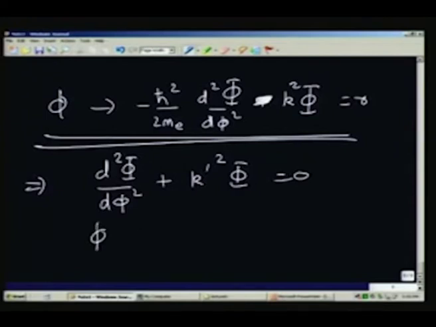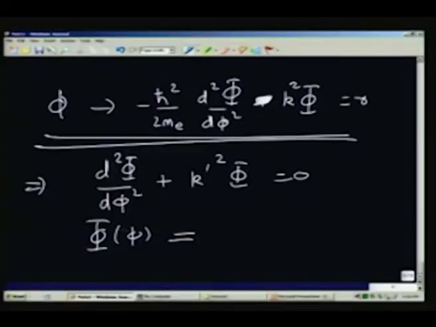This equation also has the boundary condition. You remember, phi depends on the value phi, and the value of phi is between 0 and 2 pi. That is our spherical system. Therefore, any other value of phi, for example 4 pi, 6 pi, or anything greater than 2 pi, should be represented for what you call as the single valued and continuous function.